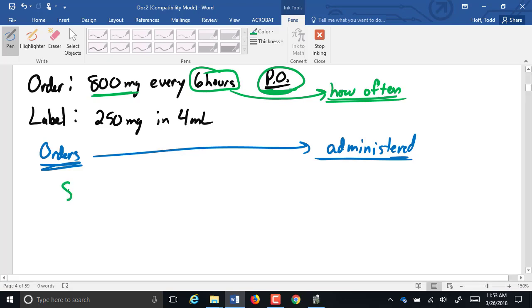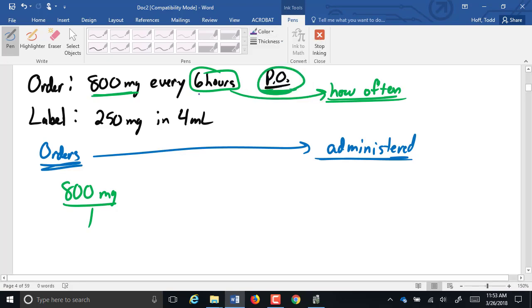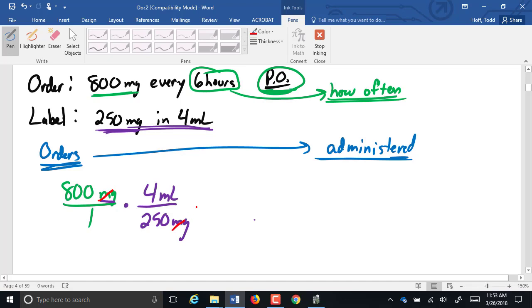So 800 milligrams is the doctor's order. We put that over 1. We're trying to figure out how much to administer for each administration or every 6 hours. And now we want to get rid of the milligrams. We have this equivalency right here with 250 milligrams. That had to go on bottom, so it'll cancel out. And that 250 milligrams is equivalent to, or is carried in, 4 milliliters. So the milligrams cancel out.